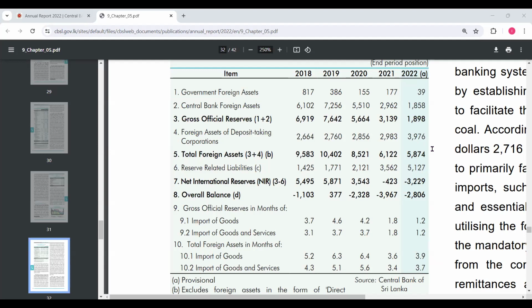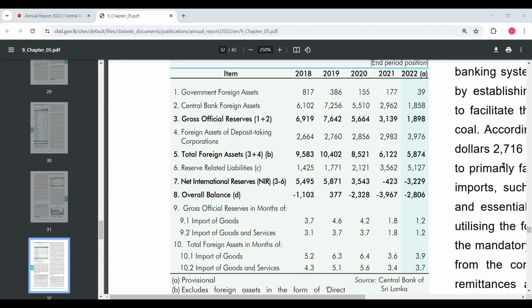And look at the top row. See what has happened to government foreign assets, and then look at item number 2, which went from 6,000, then 7,000, and has come down to 1,858.